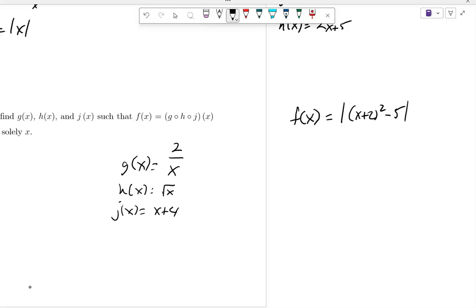Either work inside out or outside in, doesn't matter. And again, we'll break it into 3 pieces. We'll use g for the outside most and j for the inside most.